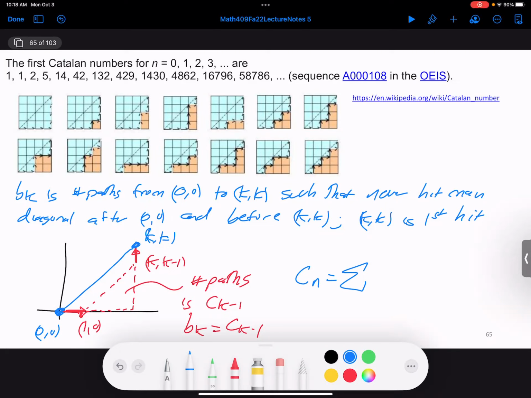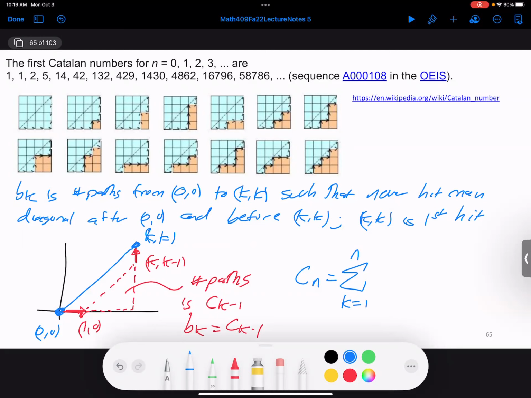So what are the possible values for the first hit after 0,0? From 1 to n. I could hit at 1,1, 2,2, 3,3, all the way up to NN. So k will be my index of the first hit. K goes from 1 to n.